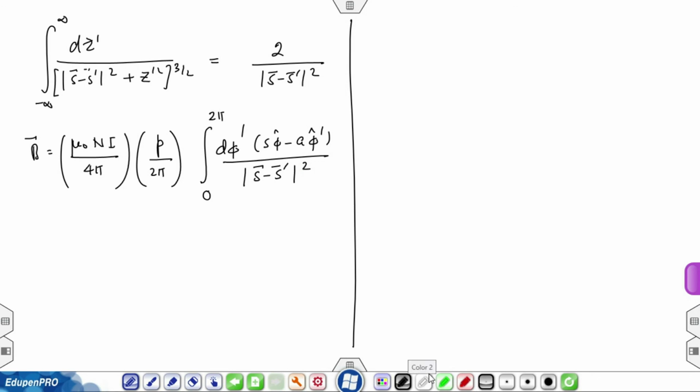Now, I have taken phi to be 0, which implies that phi is equal to y. Keep that in mind. And the phi prime unit vector would be minus sin phi prime x plus cosine phi prime y.